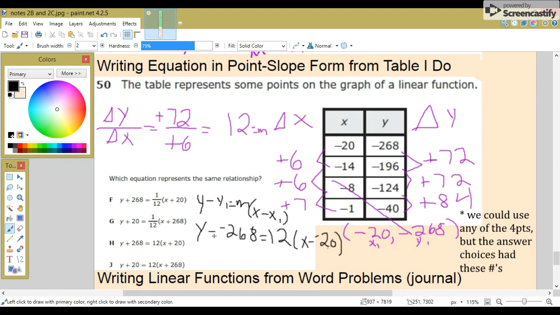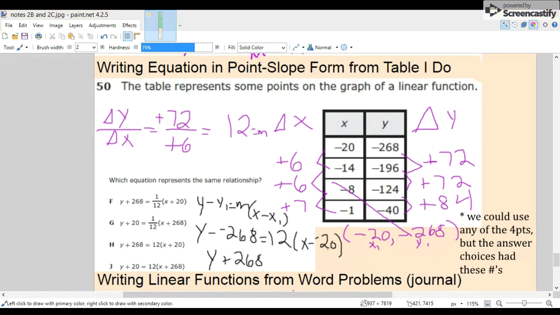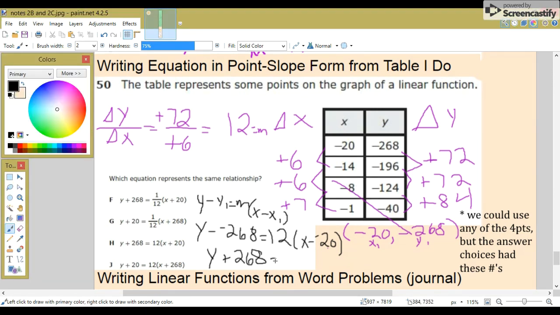Two negatives make a positive, two negatives make a positive. So our point slope form would be y plus 268 equals 12, parentheses, x plus 20.